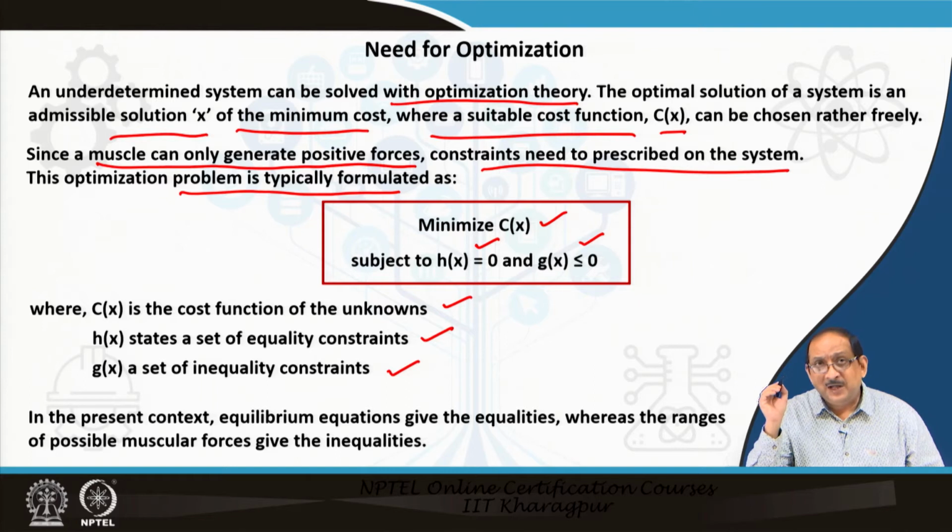In the present context, equilibrium equations give the equalities, whereas the range of possible muscular forces give the inequalities.